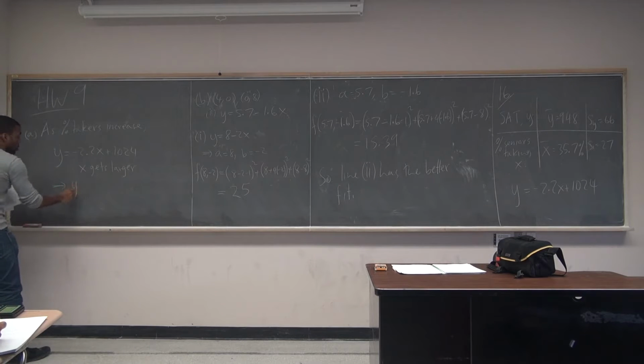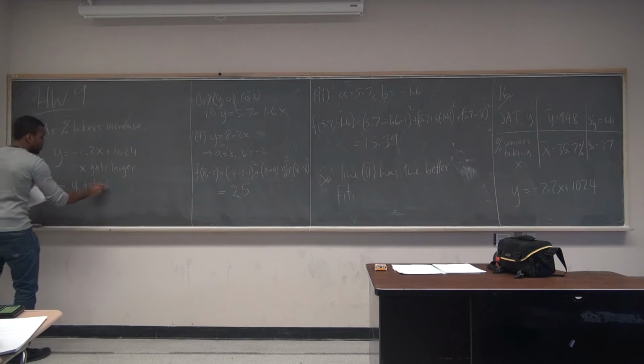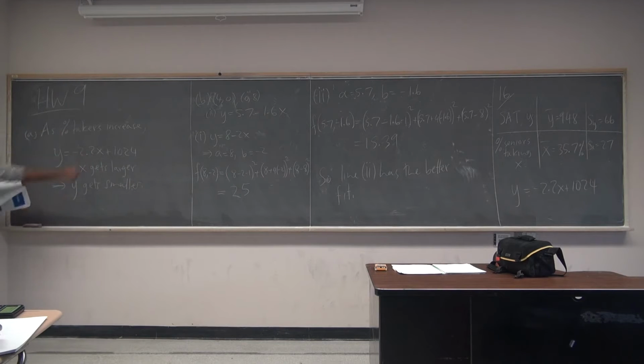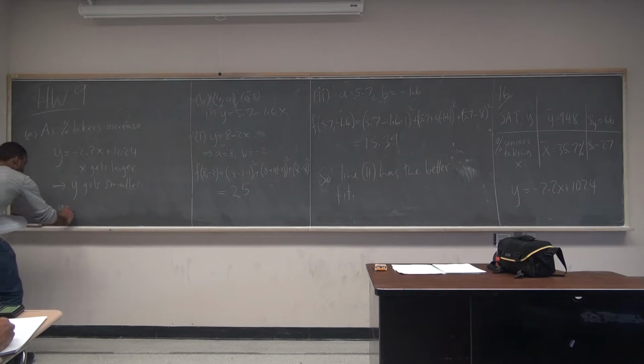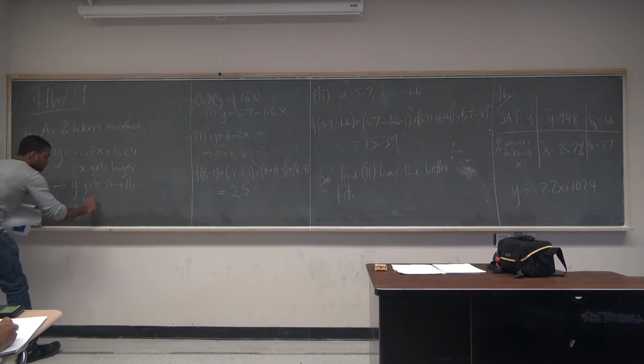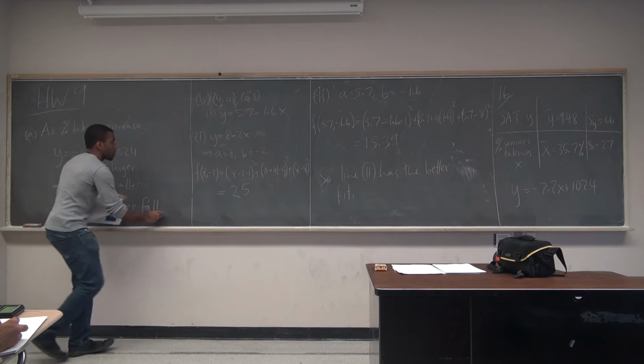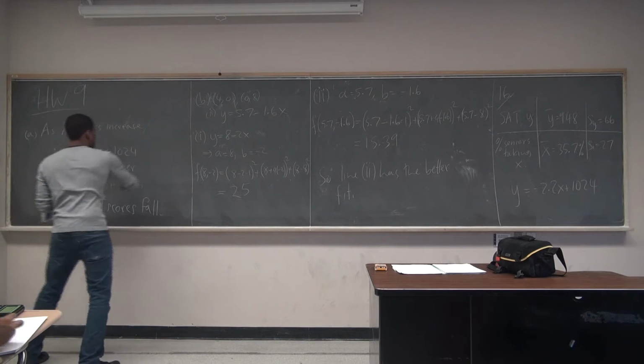Y gets smaller because you're subtracting. The bigger this gets, the larger the number you're subtracting gets, and so it will fall. So average SAT scores would fall, just by using that equation.